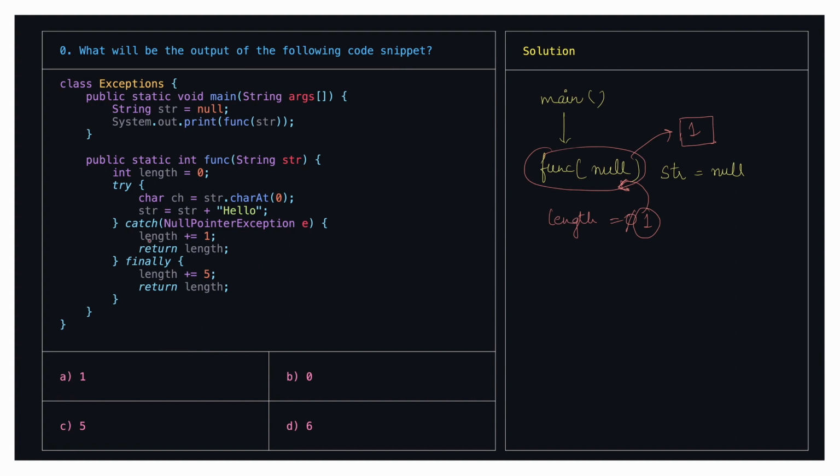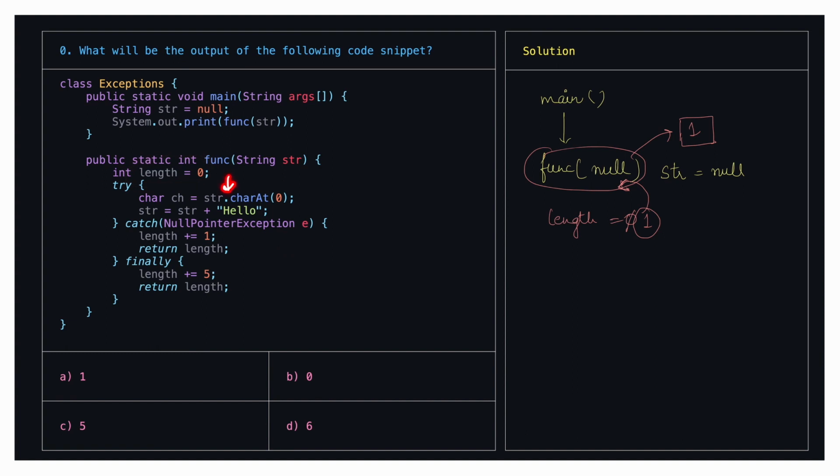Still, the execution of this function is not completed, because if you remember, in the previous video we discussed the third point, that the finally block has to be executed no matter what. It doesn't matter if there is a return statement and the value has already been returned. Initially the value was 0.